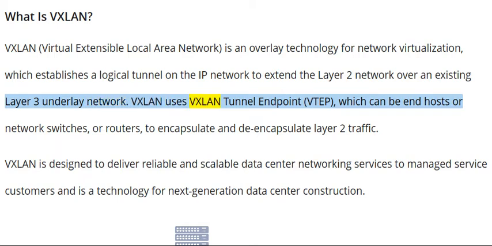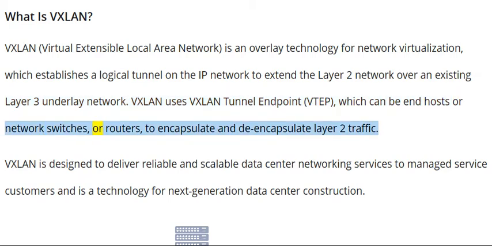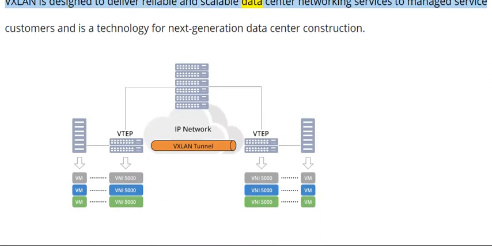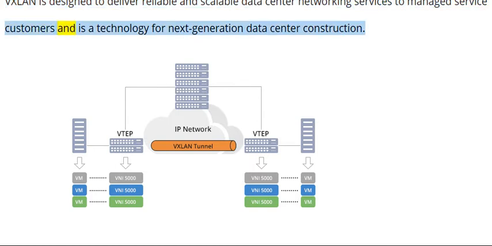VXLAN uses VXLAN Tunnel Endpoints, VTEPs, which can be end hosts or network switches or routers, to encapsulate and de-encapsulate Layer 2 traffic. VXLAN is designed to deliver reliable and scalable data center networking services to managed service customers and is a technology for next-generation data center construction.